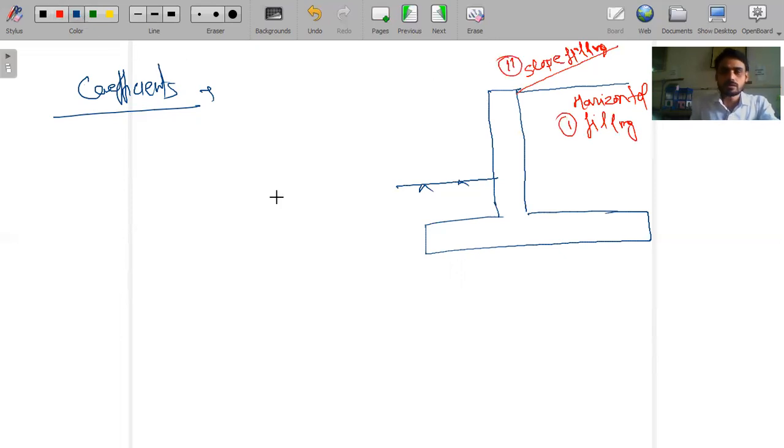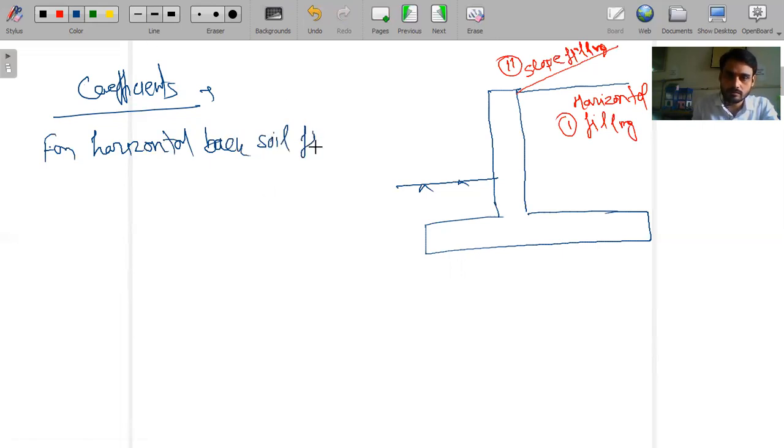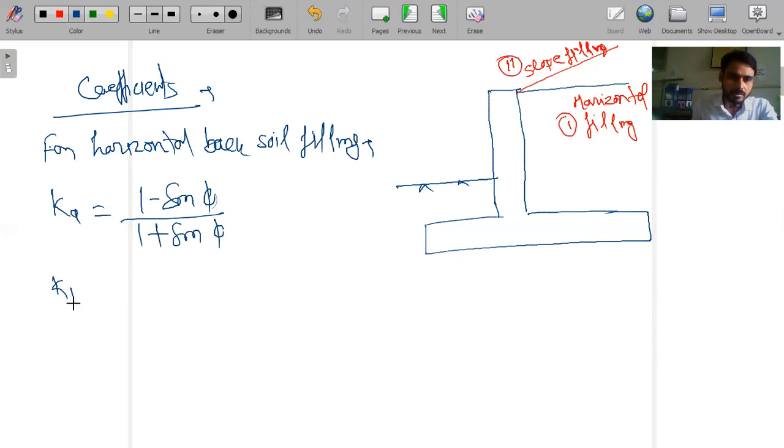So if we talk about horizontal filling, first of all, for horizontal back soil filling, Ka will be equal to 1 minus sin phi divided by 1 plus sin phi, and Kp will be equal to 1 plus sin phi divided by 1 minus sin phi.